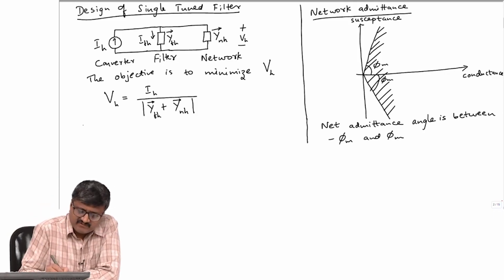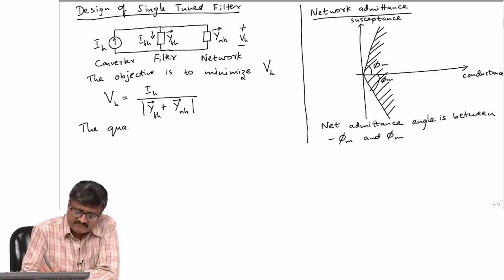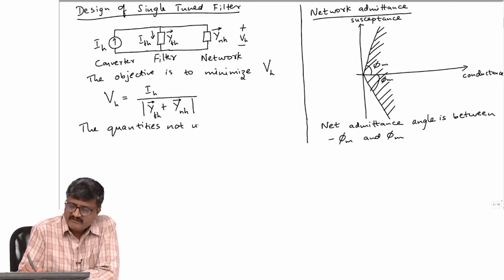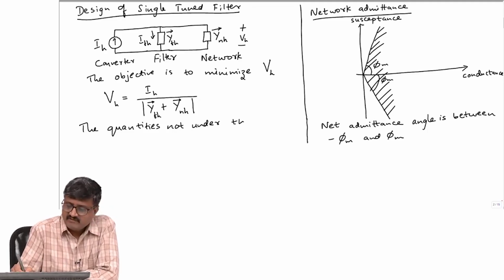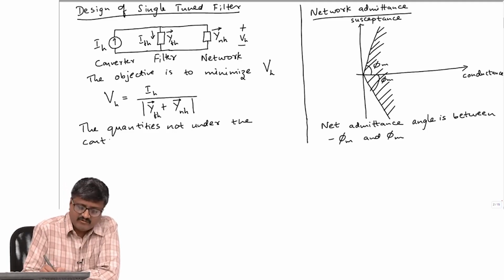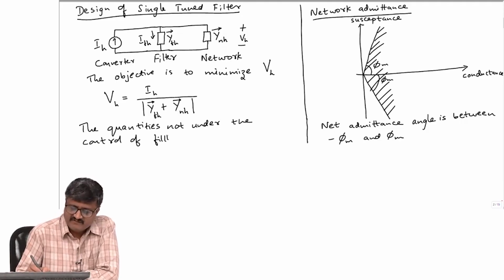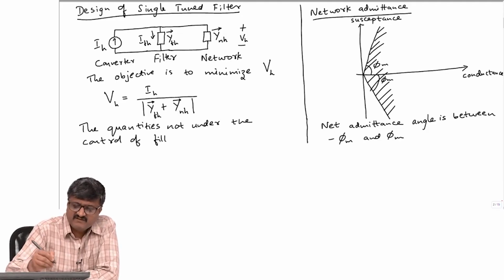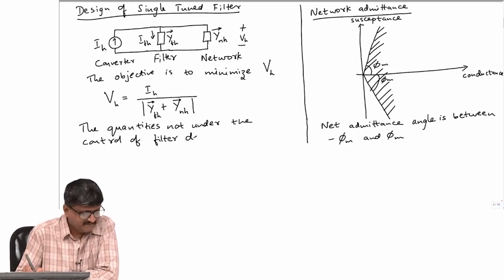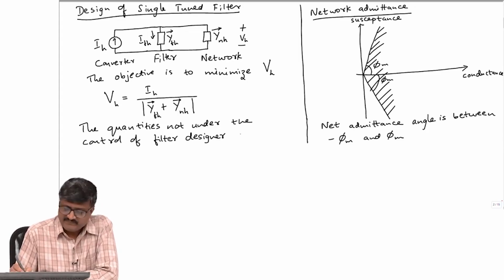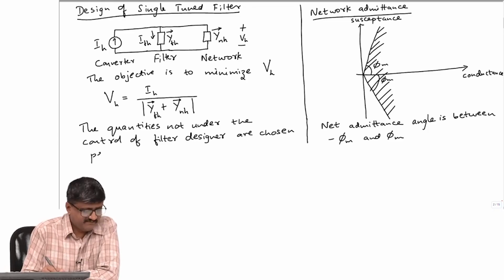Okay. So, the quantities not under the control of the designer. Designer means just filter designer. So, we are not doing any other design, only filter design. Quantities not under the control of the filter designer are chosen pessimistically.